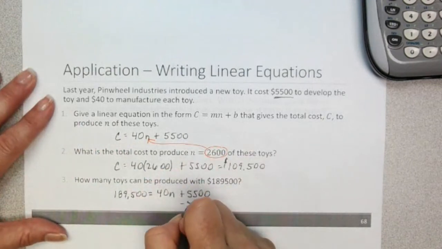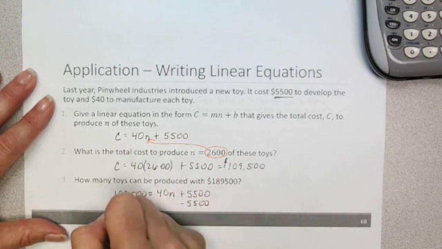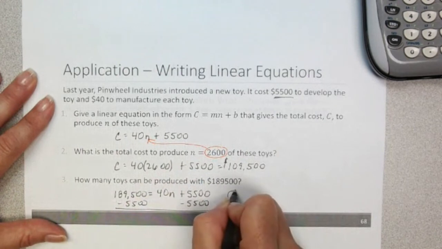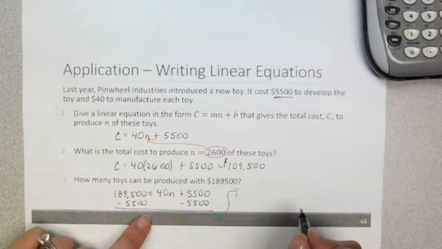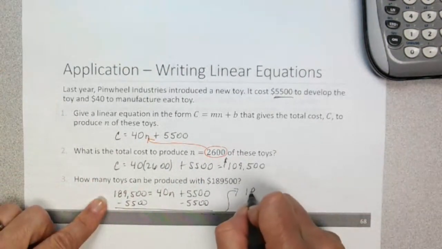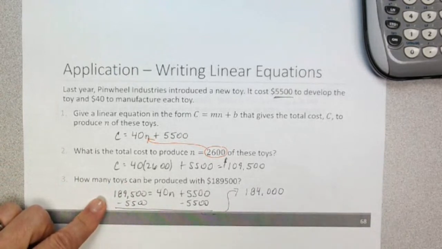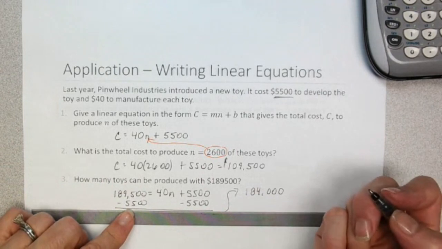Right? So I'll start by subtracting that 5,500 from both sides. Kind of out of room, so I'll write it over here. 189,000 minus 5, so that's going to be 184,000 is equal to 40n.